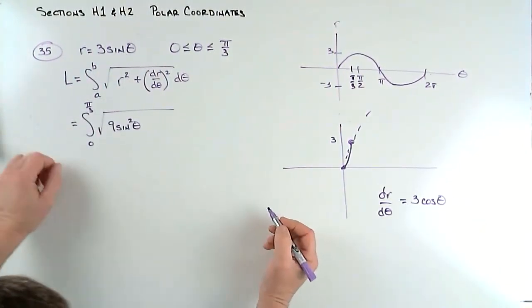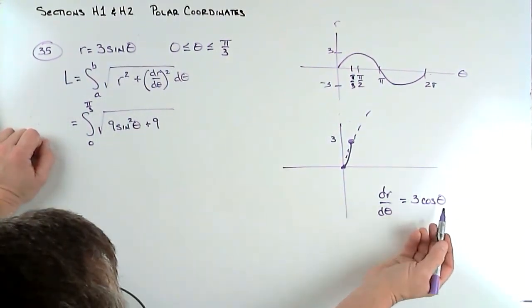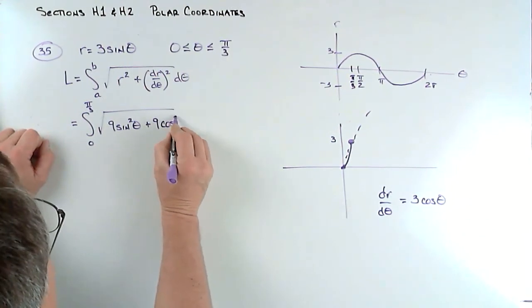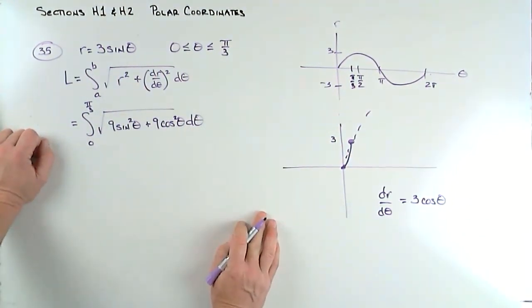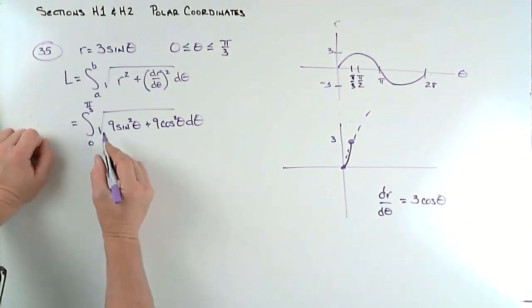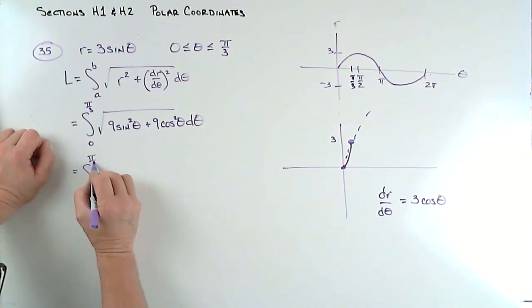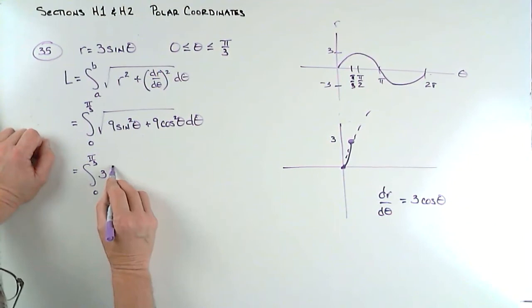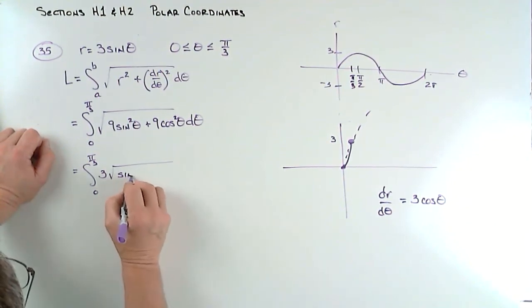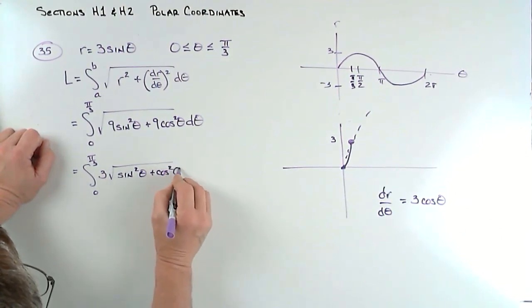So when we square that, we're going to get plus 9 cosine squared theta, d theta. And that's wonderful because we can factor out a 9. When we take the 9 out of the radical, it's going to be a 3. And then under the radical, we're left with sine squared theta plus cosine squared theta, d theta.